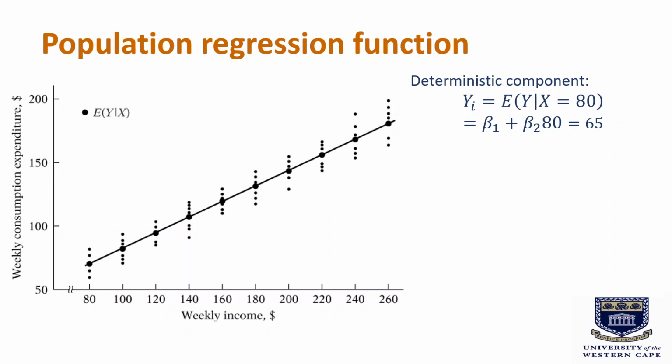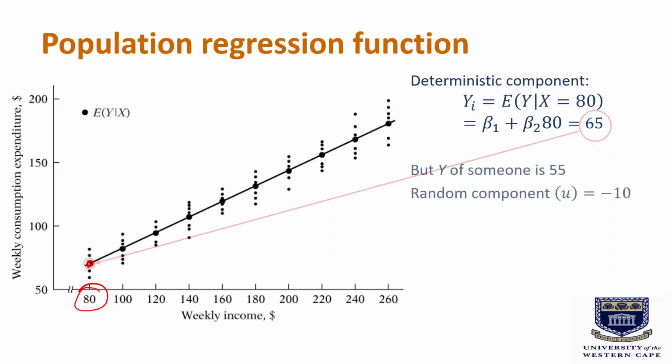So if we look at x equals 80, which is the first value on this horizontal axis, we notice that the expected value of y, given that x equals 80, is given by this big dot over here that lies right on the regression function, right on that line. And that is the deterministic component of the model.